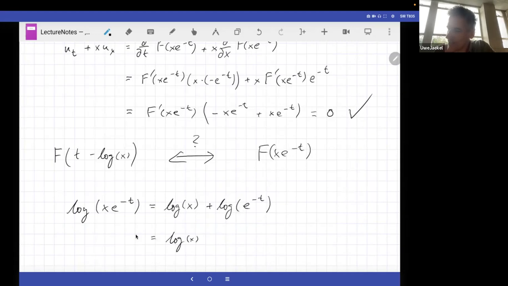And we know that logarithm and exponential functions are inverses of each other. So log followed by e, or e followed by log, is just the identity. So the logarithm of the exponential of minus t is just minus t, and this is minus t minus log x. This is the secret.